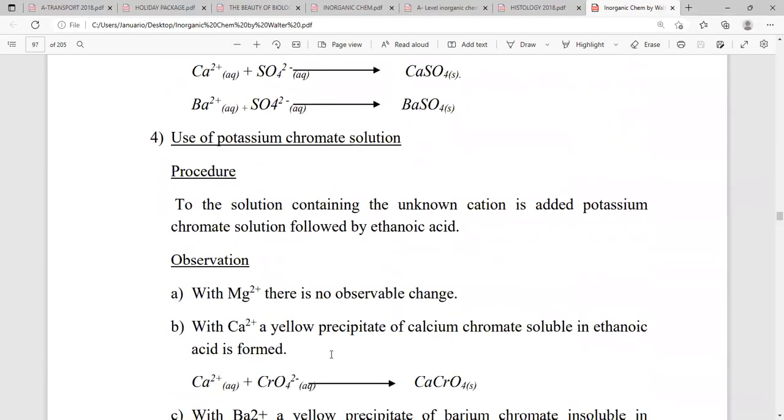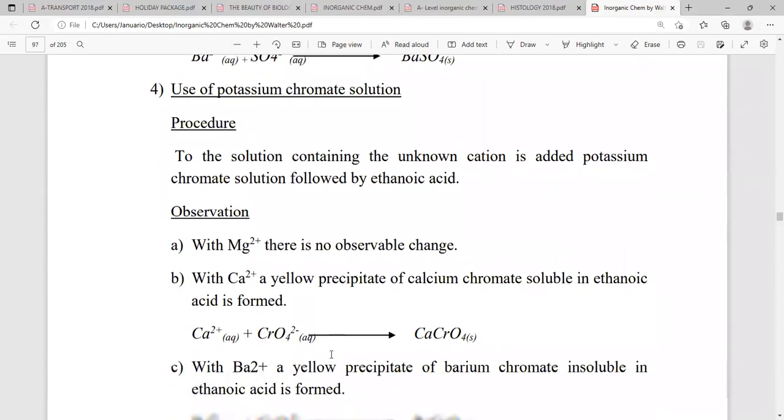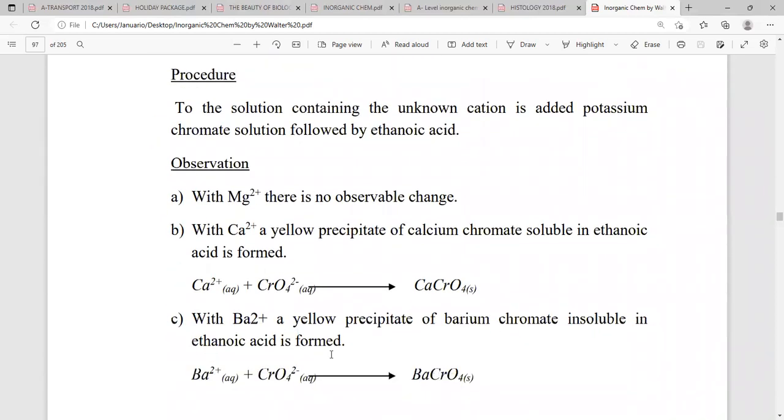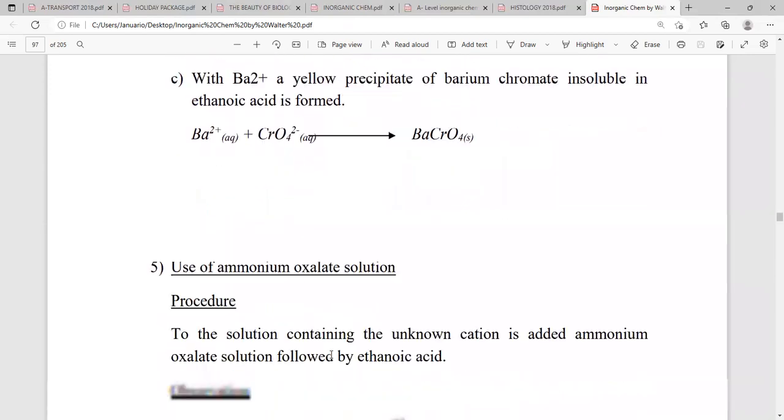Once you are using potassium chromate, you get no observable change with magnesium, and with calcium and barium you get a yellow precipitate of calcium chromate and barium chromate. But the yellow precipitate formed with calcium is soluble in ethanoic acid. That is, if you add ethanoic acid, the yellow precipitate becomes soluble. But for barium, the barium chromate remains insoluble.